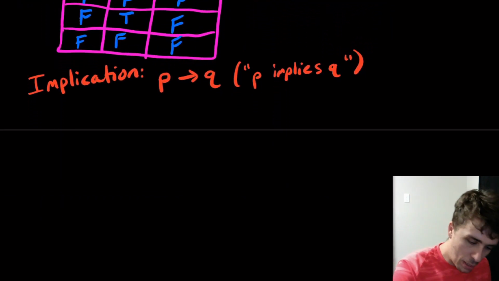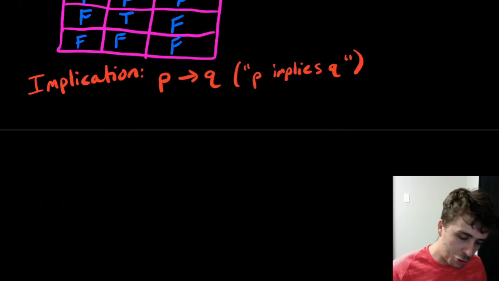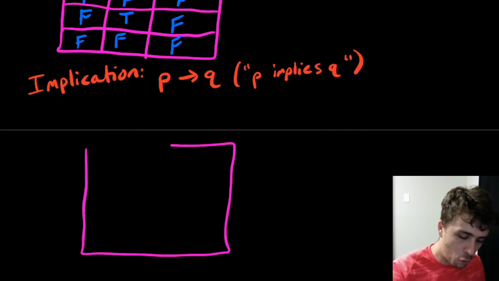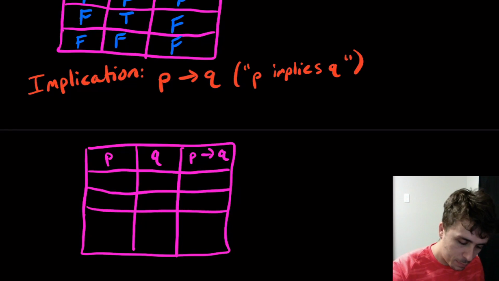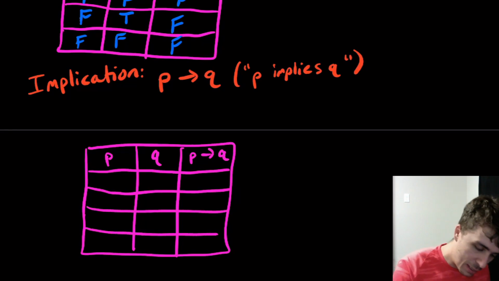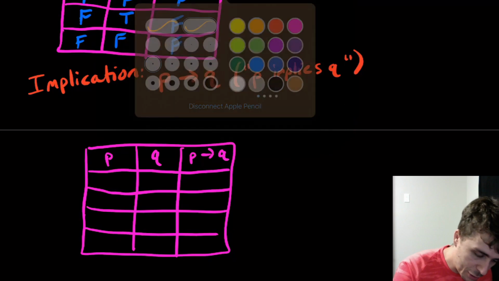The best way I can describe what this means is to do a truth table, because that's a formal way of describing what happens. So again, I'm going to have P, Q, P arrow Q up here, and then let's have our 4 rows again. Let's do this in a different color. Let's do orange.